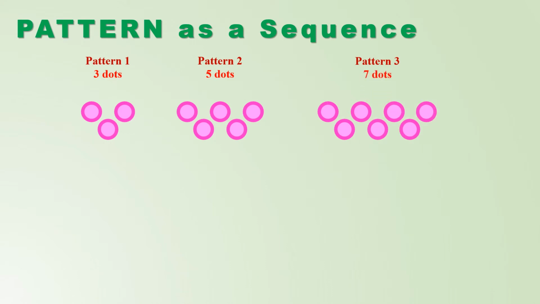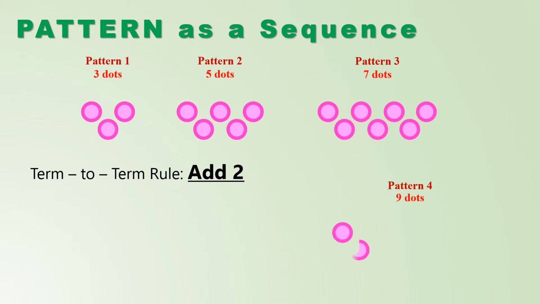So we can guess the term to term rule for this pattern, that is add 2. Addition of 2 is the rule for this sequence. So to get the next pattern in this sequence, that is pattern 4, we will require 7 plus 2, that is 9 dots. In this way we can create different patterns based on the sequence.